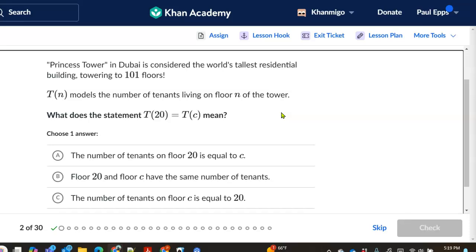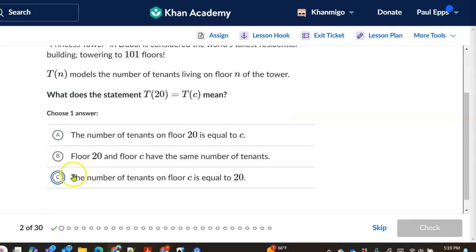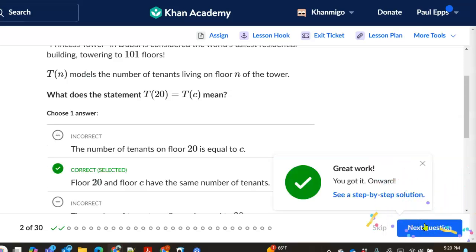What does the statement T of 20 equals T of C mean? A is wrong. B is correct. C is wrong. Well, okay, I guess the only thing we can use is B.